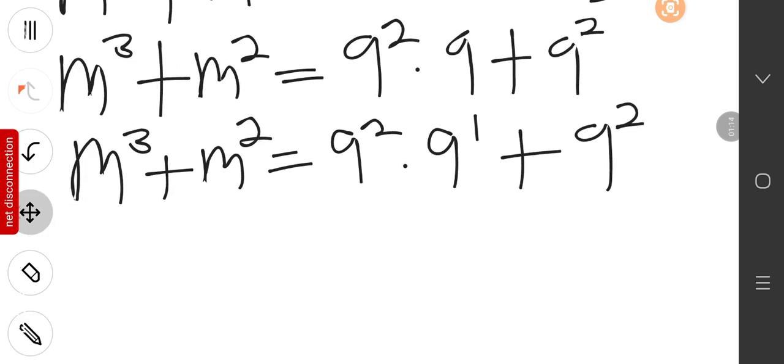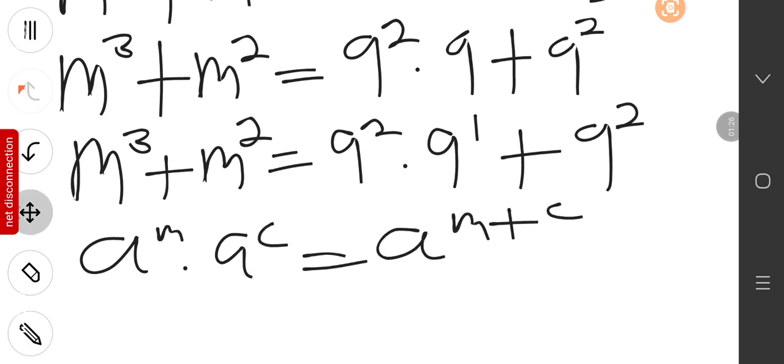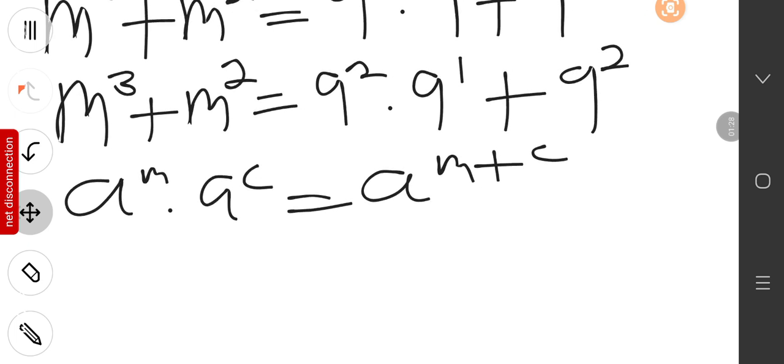All right, so we are going to apply the first law of indices here. So a exponent m times a exponent c equals a exponent m plus c. That is, when the bases are the same and the sign in between the bases is multiplication, we add all the exponents.